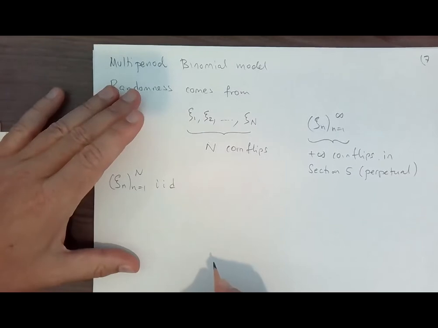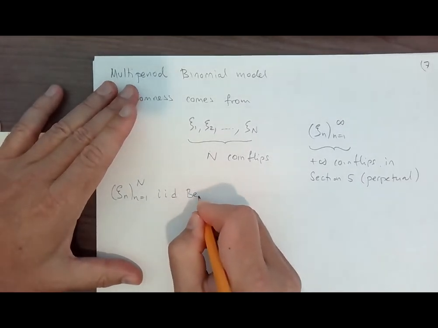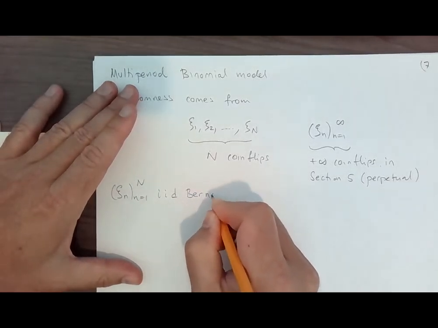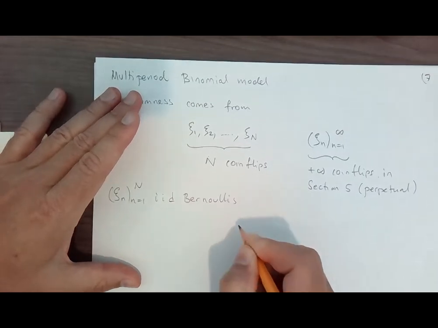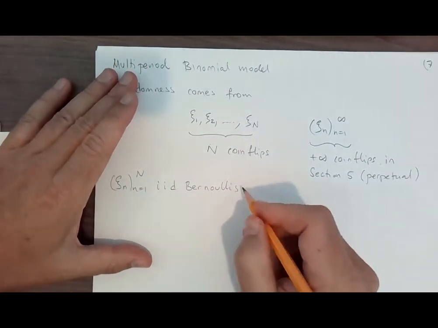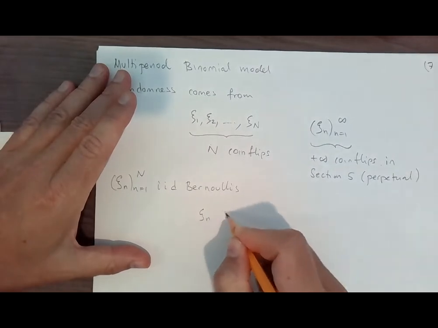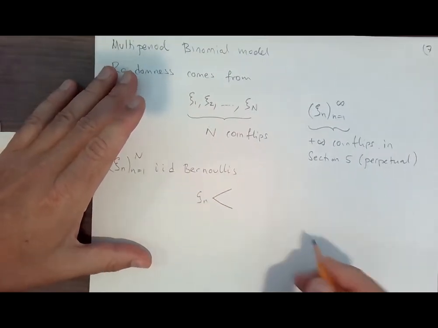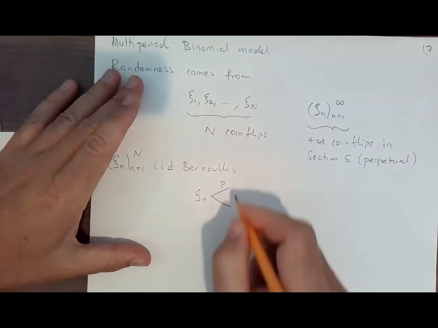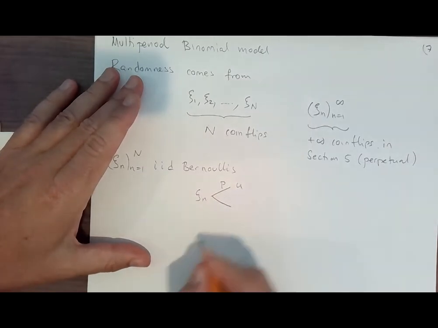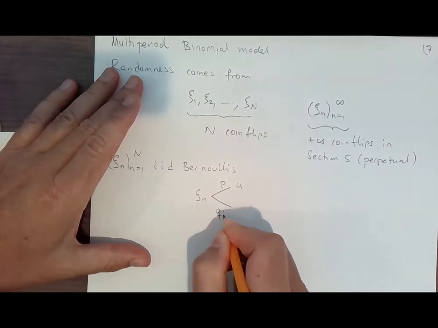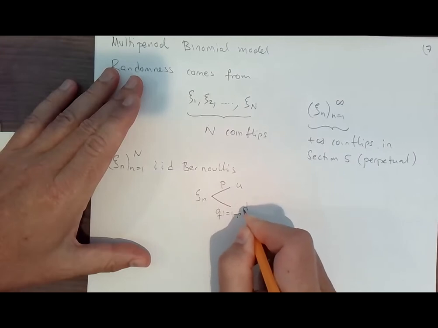I'll need to explain what that is. Bernoullis are what we're used to. So psi n will have these two values. It will go up to u with probability p, and then go down with probability q, which is 1 minus p.